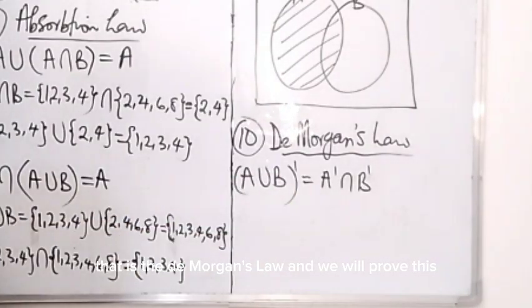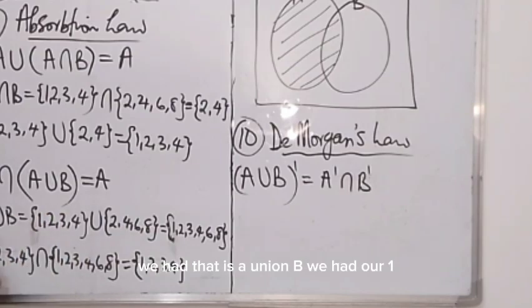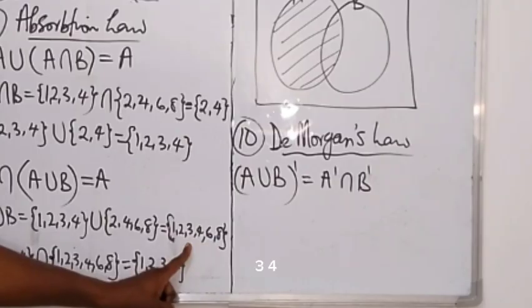And we will prove this. First of all, our A union B is here. We had that this A union B is 1, 2, 3, 4, 6, 8.